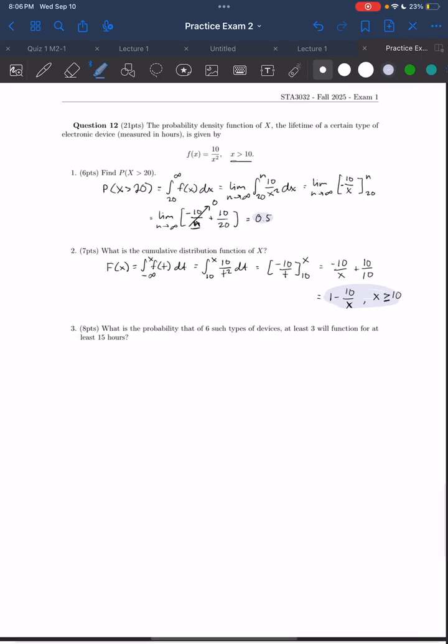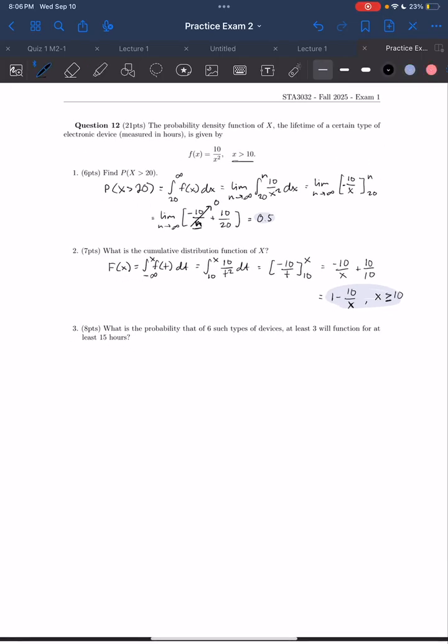So what is the probability that of 6 such types of devices, at least 3 will function for at least 15 hours? Since we're having 6 trials, this becomes a binomial distribution problem.